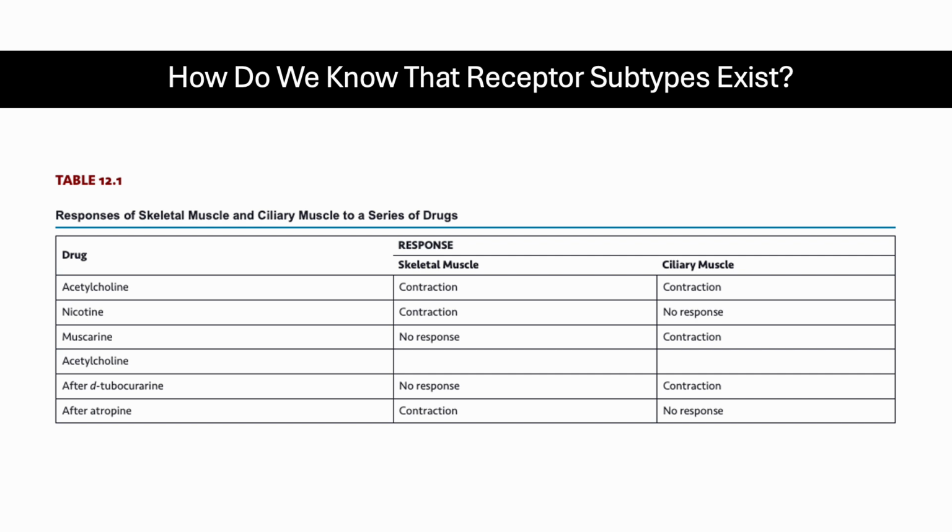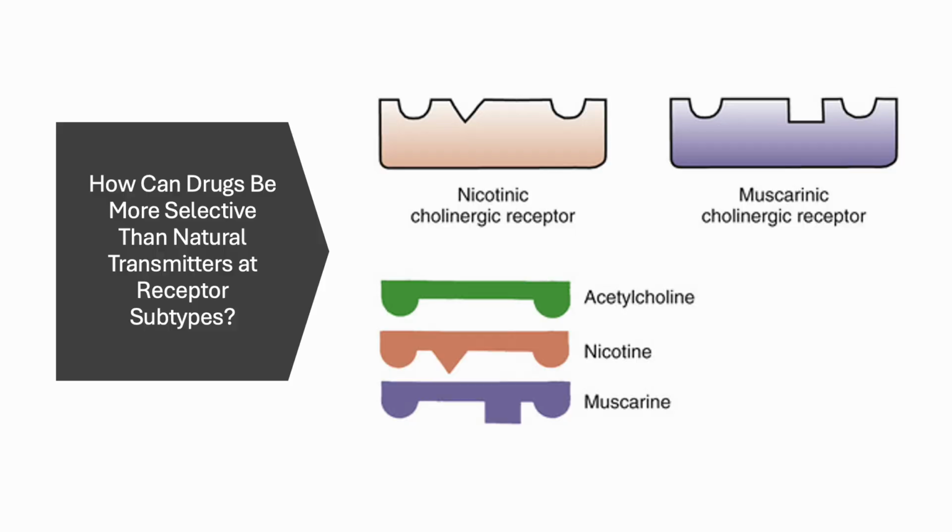And because both skeletal and ciliary muscles have receptors for acetylcholine, but nicotine appears to act only on acetylcholine receptors on the skeletal muscles, we can tentatively conclude that the acetylcholine receptors on skeletal muscles are different from those on the ciliary muscles. Okay, so that is just one example.